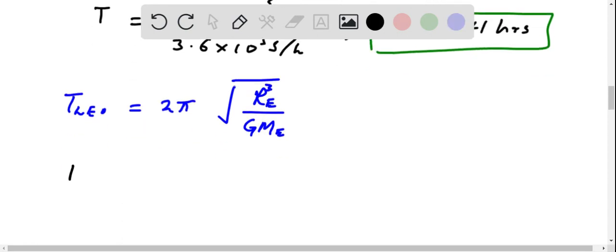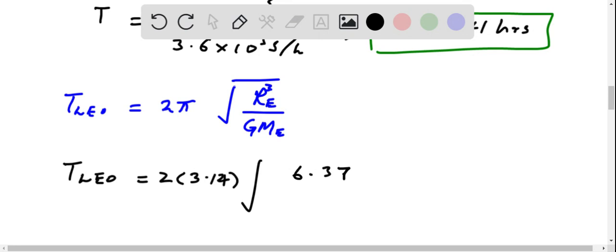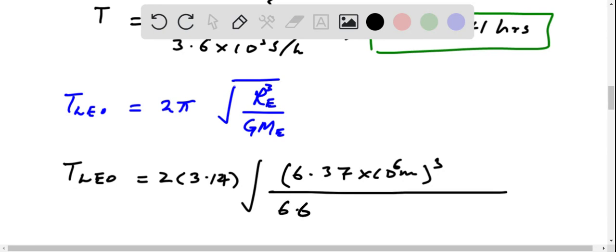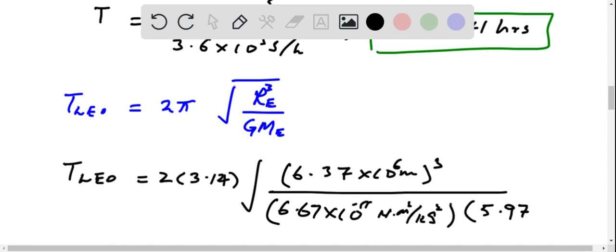So we can write T_LEO equals 2 times 3.14 times the square root of R_E, which is 6.37 multiplied by 10 to the power 6 meters, whole cubed, divided by G, which is 6.67 multiplied by 10 to the power minus 11 newton meter squared per kg squared, times the mass of the Earth, which is 5.97 multiplied by 10 to the power 24 kg.